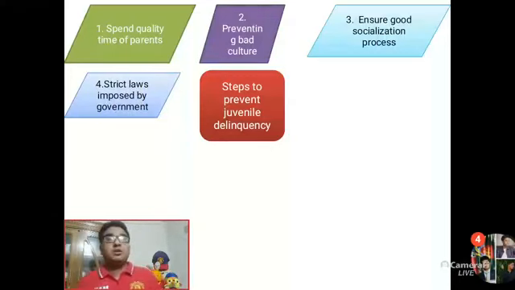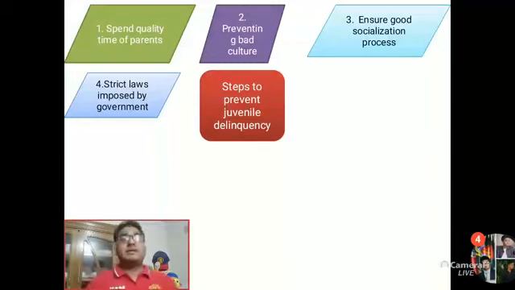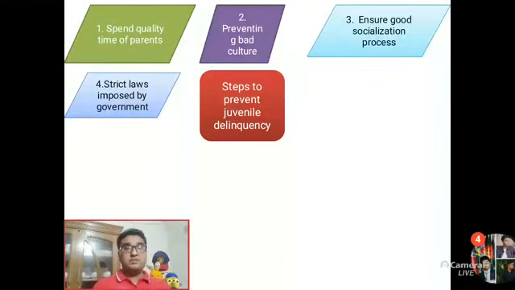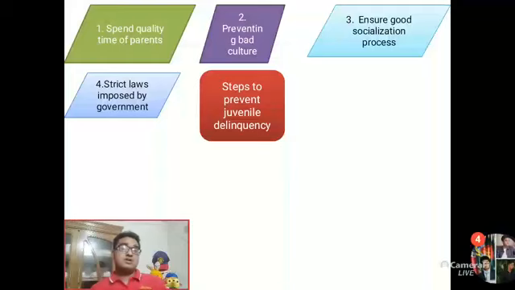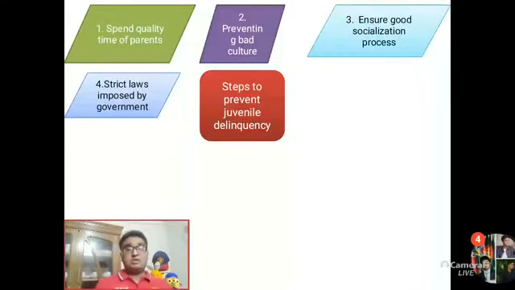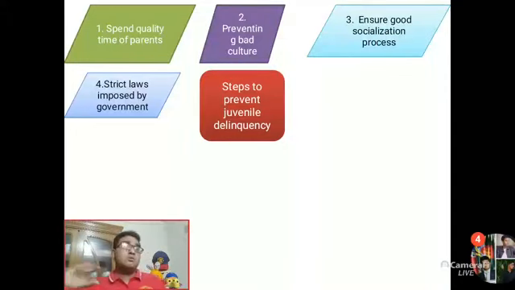Number four, strict laws imposed by government. Here government should impose some strict laws to prevent juvenile delinquency, and government should give exemplary punishment to those who break the laws.